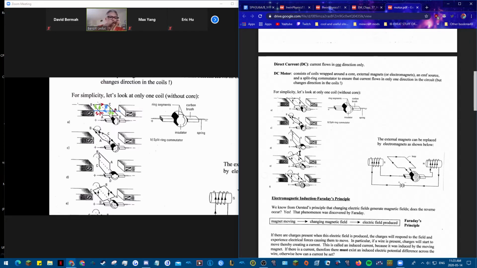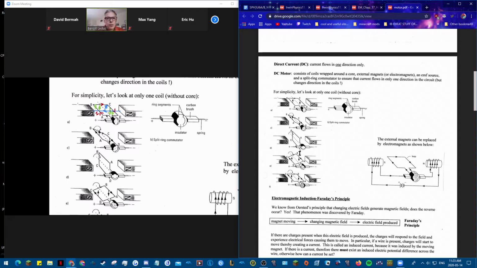So what happens is that when AB is on the other side, the force is still going up. Instead of having your coil going in only one direction, the moment it passes the vertical, there'll be a force pulling it the other direction.